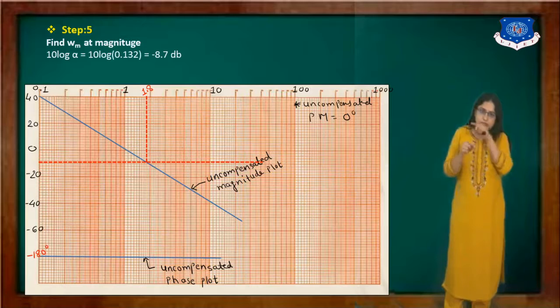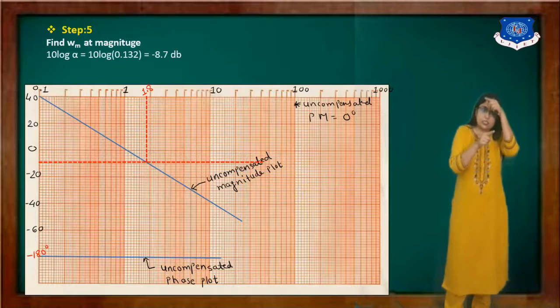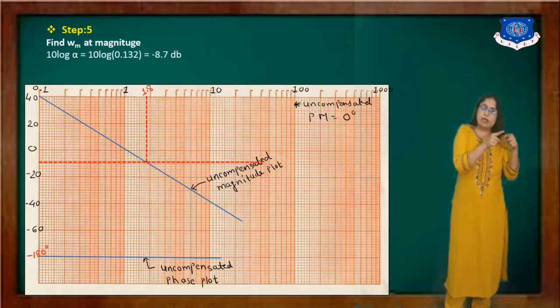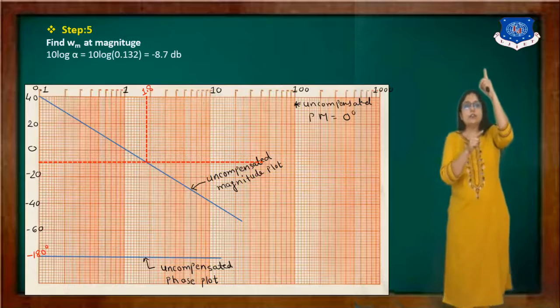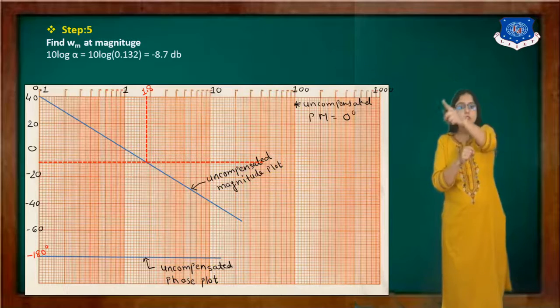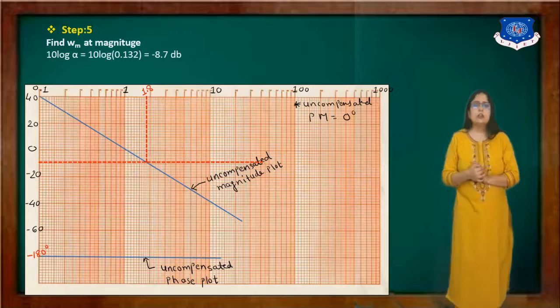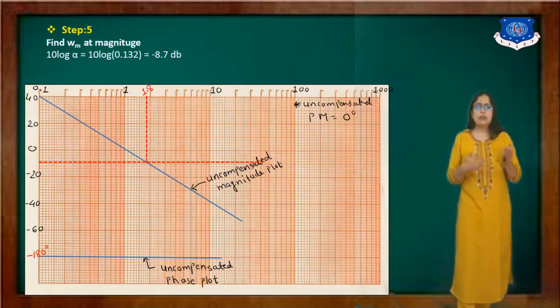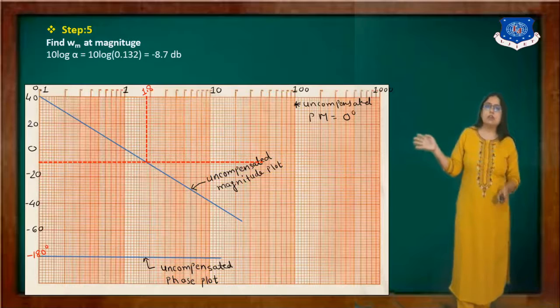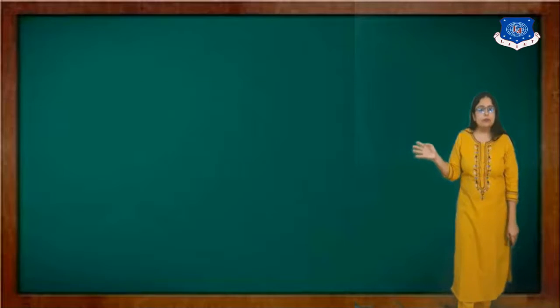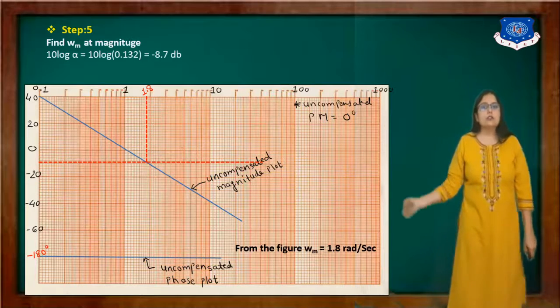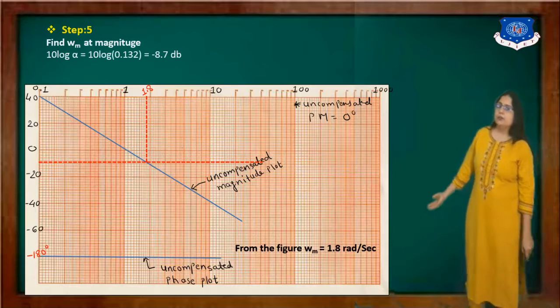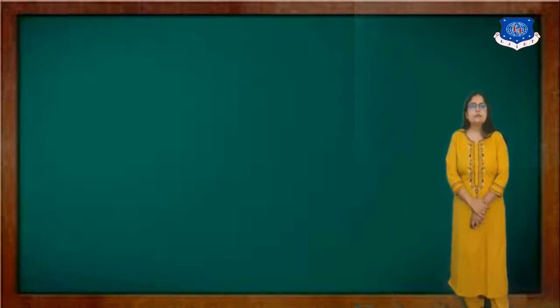Whenever that line crosses our uncompensated magnitude plot, you check the frequency of that point. Right now it's 1.8. Might be you will get 1.7 or 1.9, that is okay. So this is the value of omega m, 1.8 radian per second.